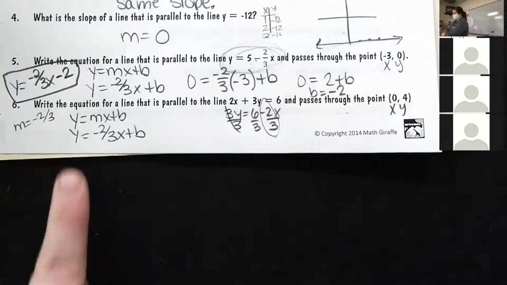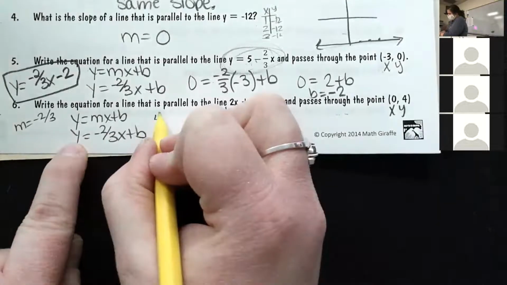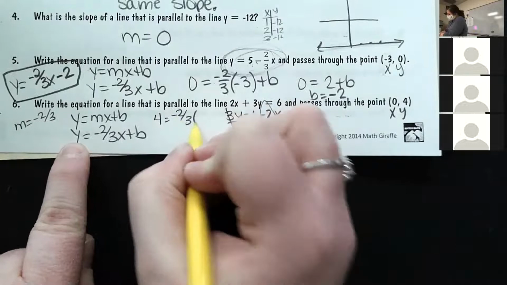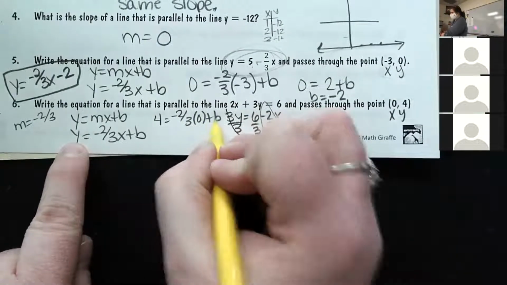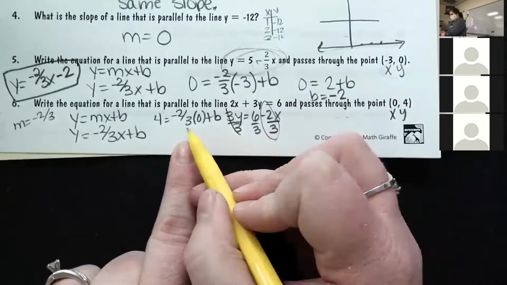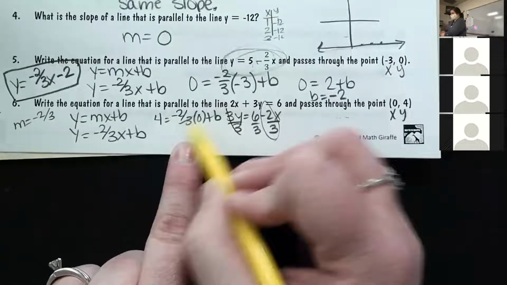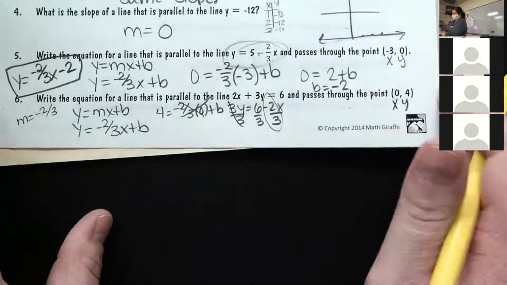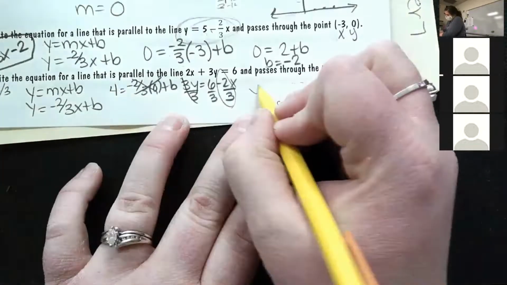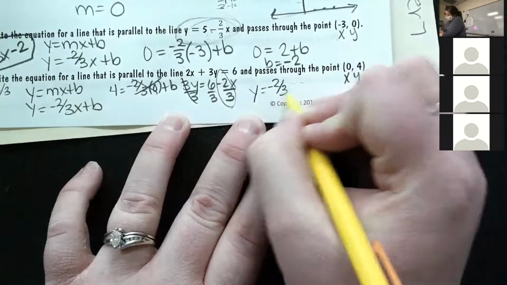Plug it in. 4 equals -2/3 times 0 plus b. Oh no, what happened? What did this become? 0. What's b? 4. Perfect. Can I write my equation? Yeah. y equals negative 2/3 x plus 4.